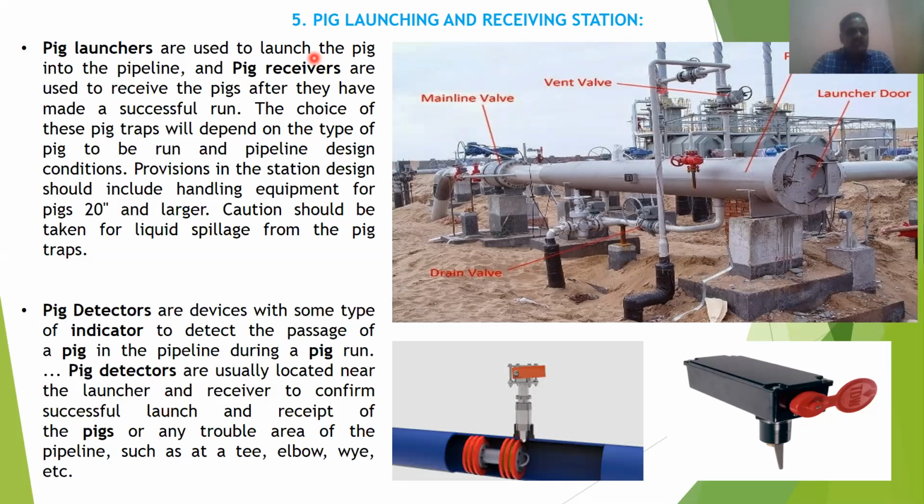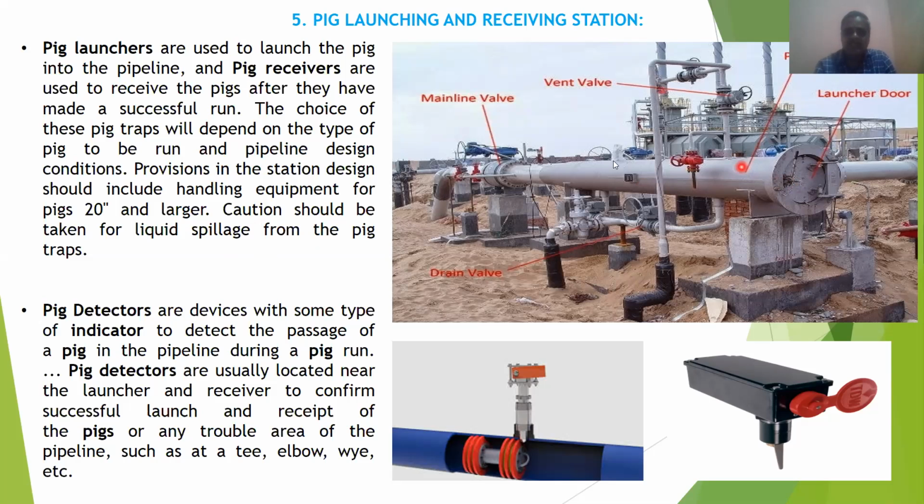Provisions in the station design should include handling equipment for pigs 20 inches and larger. Caution should be taken for liquid spillage from the pig traps. That is most important. This point should be taken care of from the design point of view. This is the launcher door.